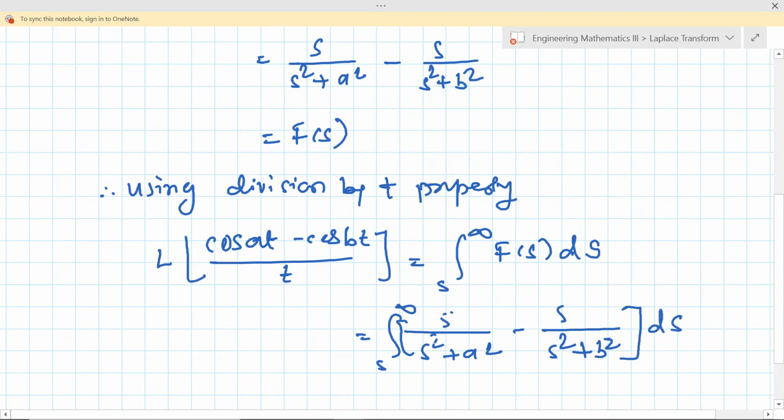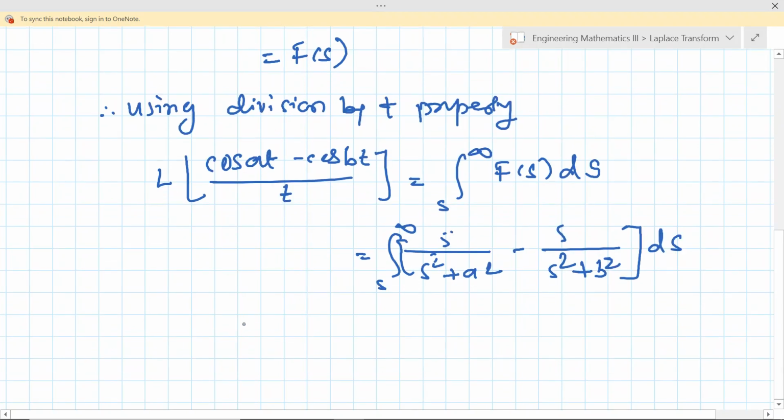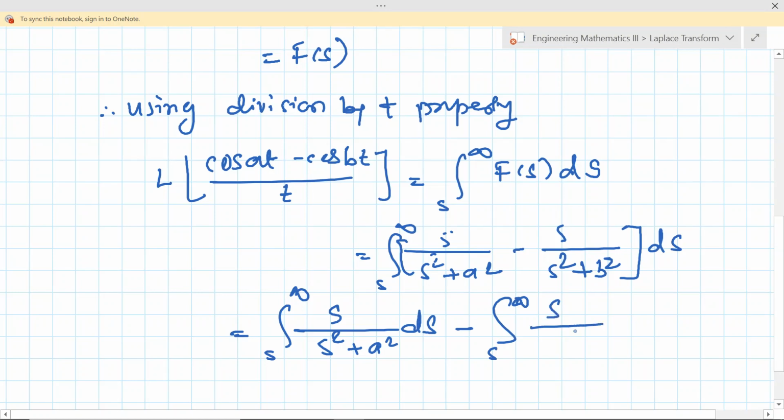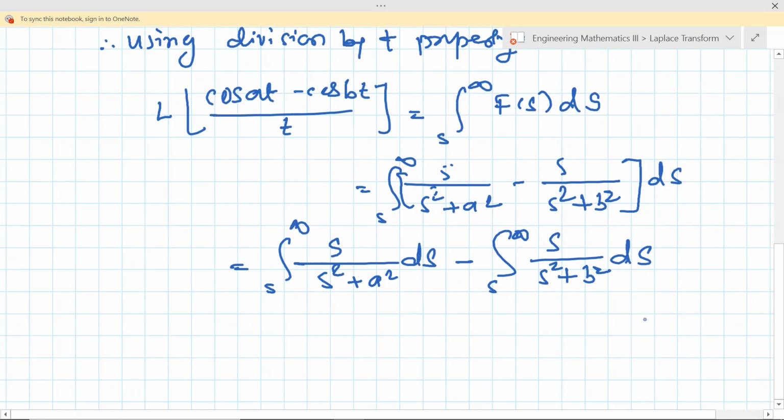Just separate the two integrals. What I get here is integration from s to infinity of s upon s square plus a square ds minus integration from s to infinity of s upon s square plus b square ds. Now to integrate this we need to adjust something here, because in the numerator there is s, in the denominator there is s square.